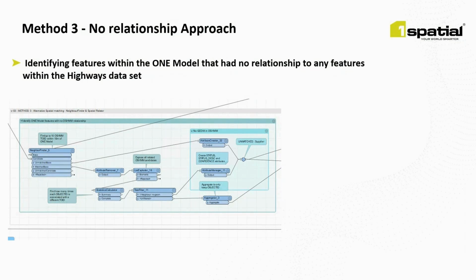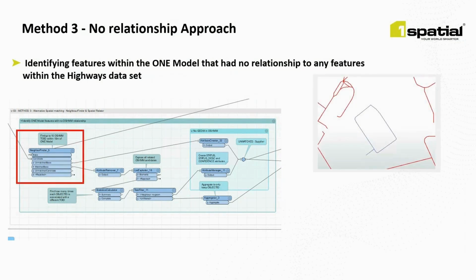From this, we had the idea that they must not exist in one of the feature sets. So we sought to prove this point, and it was proven when using the neighborhood finder approach. Within this, we're taking a maximum distance of 15 meters to find the highway features that were within a 15-meter radius of the one model features.